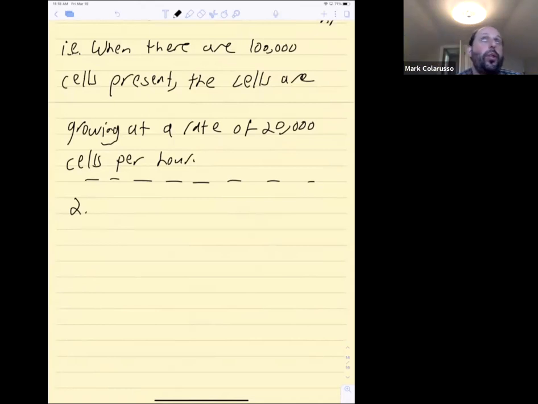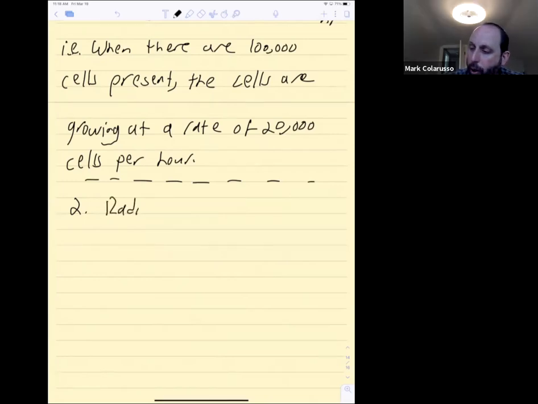So the information you're usually given is the half-life, which is the time it takes for the amount present to decay to half that amount. And from that, you need to figure out things about the function. So that's the game.